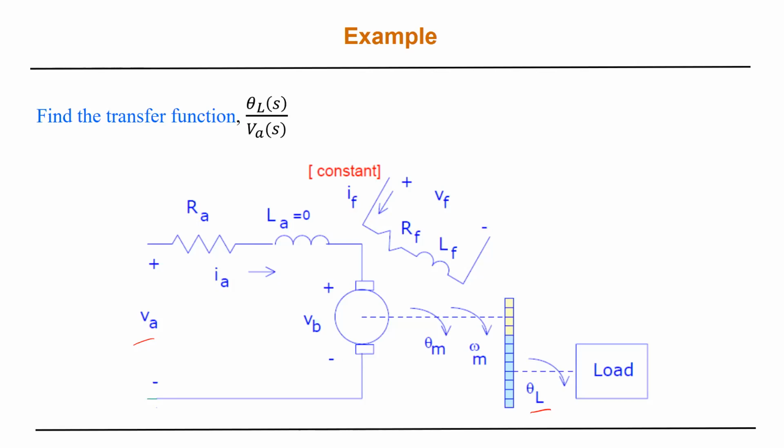So first of all, if you remember in the last lecture, we obtained theta M to VA.